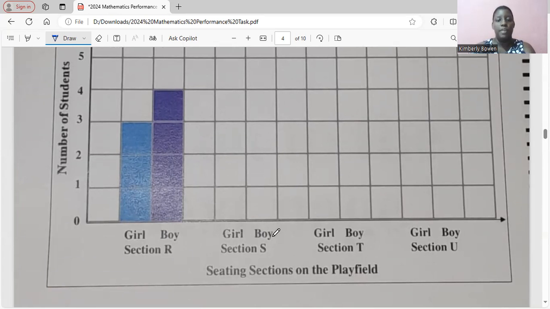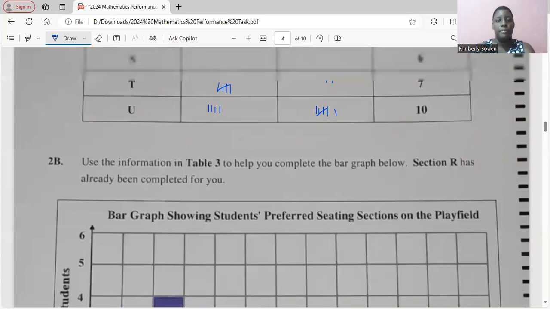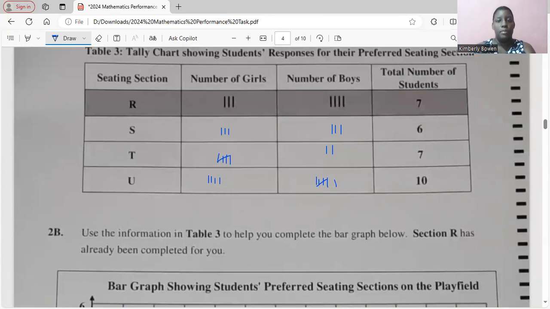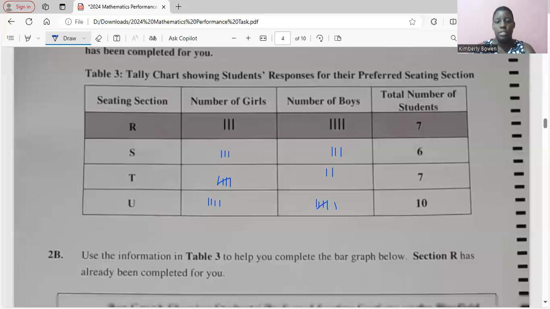So let's do it for S. Let's look back at table 3. So for S, it was 3 girls and 3 boys. It's equal.